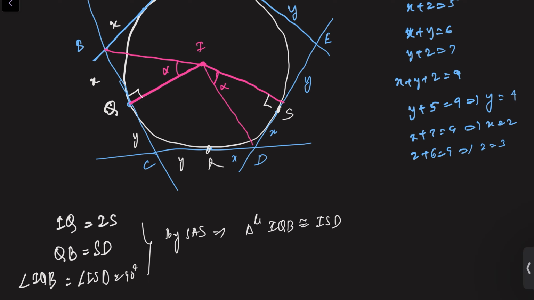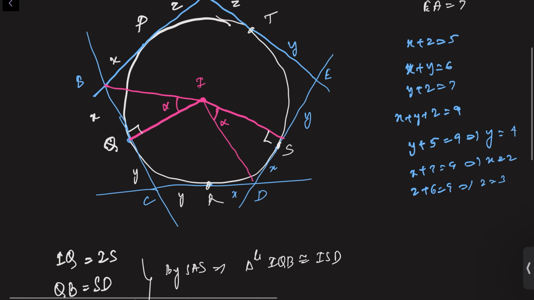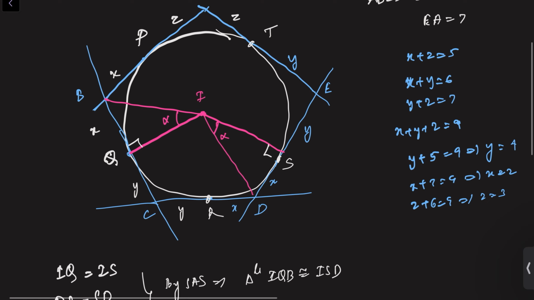In a similar way, we can also see another set of congruent triangles. If I consider CIR, we can say this is 90 degrees and we have this base as Y and the inradius as IR. Now if I consider another triangle here, even ISE has the same thing.